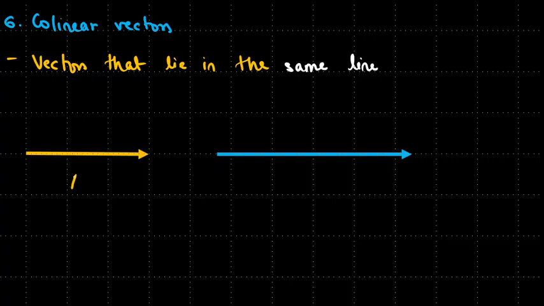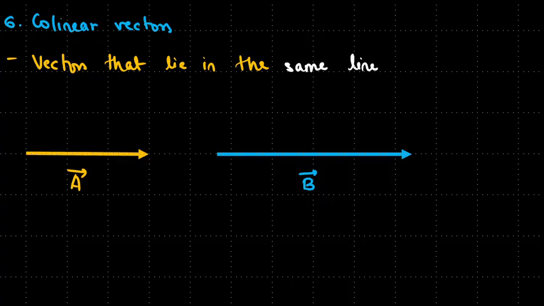So this will be our vector A, this will be our vector B, and since they lie on the same line, which is this dotted line, if you can see right over here, they are collinear. This line can also be equal to the first line, or it might not be. That's not our problem right now. It's just that they must be on the same line.